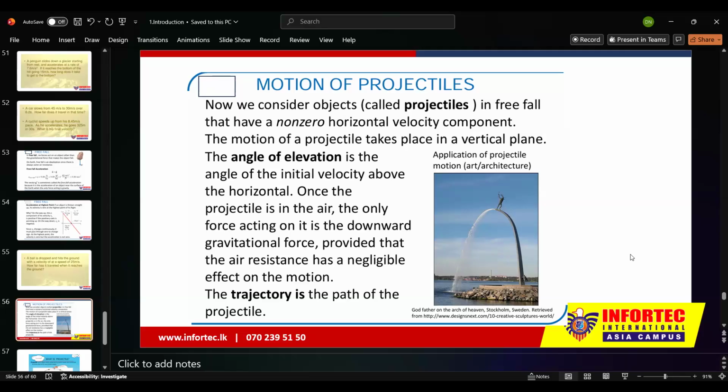Velocity changes only along the vertical direction. But in projectile motion, there is a horizontal velocity component. The motion of the projectile takes place in a vertical plane. The angle of elevation is the angle of the initial velocity above the horizon. Once the projectile is in the air, the only force acting is the downward gravitational force, provided that air resistance has a negligible effect on the motion.